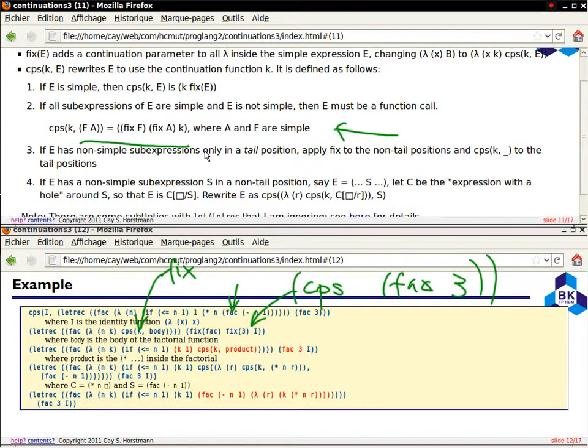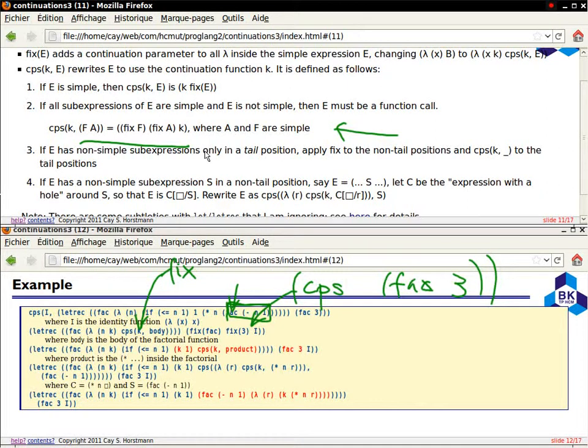So when it's buried inside stuff, I'm supposed to take the thing that is being buried, in this case the fact call, and just make this thing into a box, call the box R. This means substitute R for the box, and then make these two CPS.